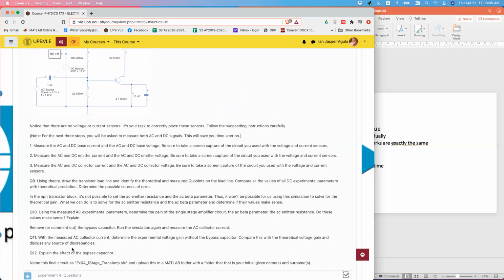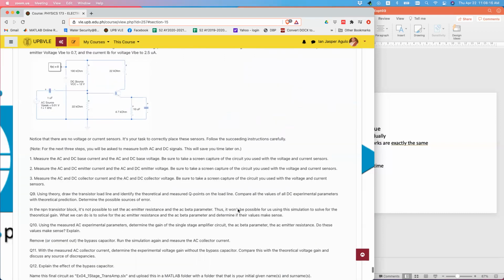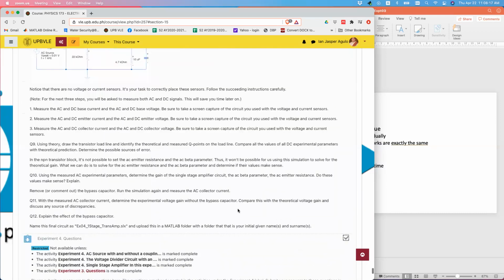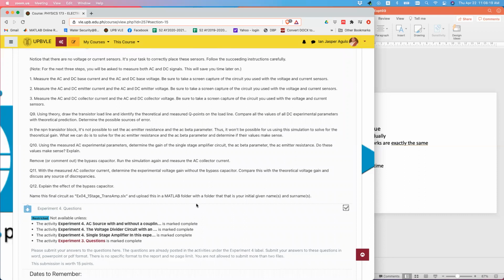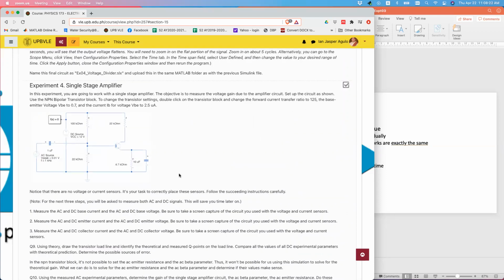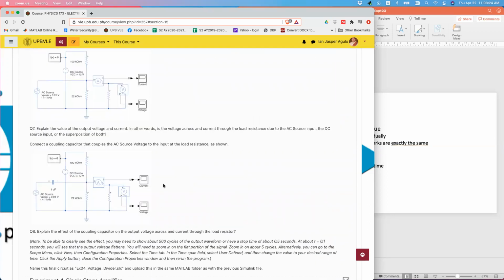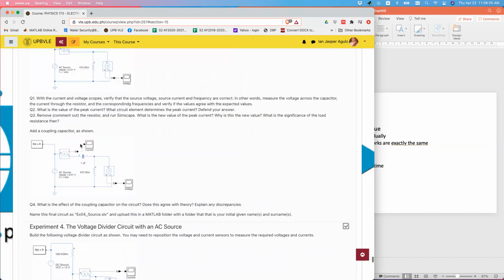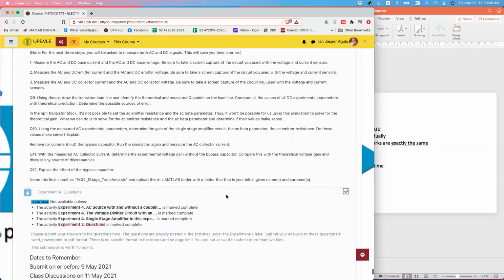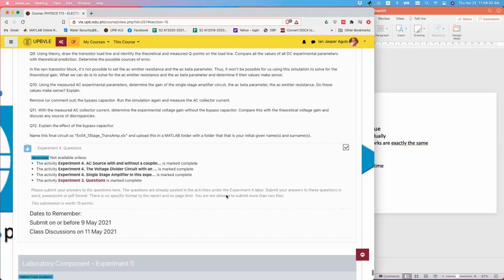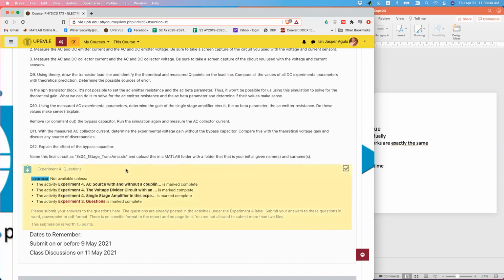Okay, so other than that, just follow the instructions. The questions are also embedded in the instructions so you won't be confused. And then you submit 3 circuits. So submit this circuit, this final circuit here, and then the final circuit here with the capacitor. Okay, so those are the three you will submit. The instructions are written in the questions, and the name of the circuit to use is also written there.